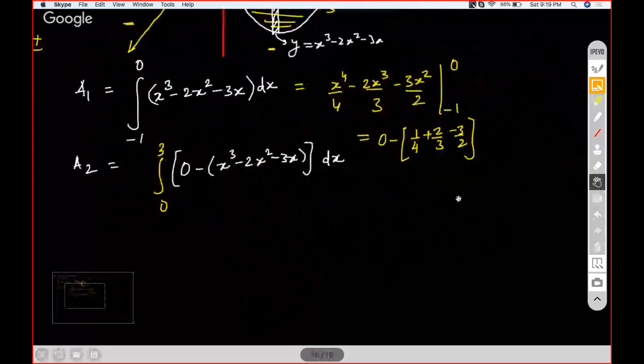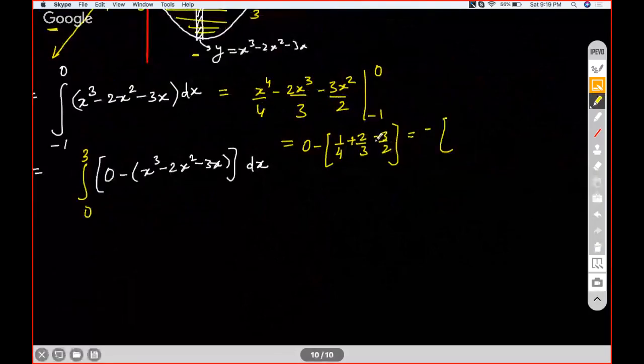That is 3 plus 8, 11 by 12, minus 3 by 2, which is 18 by 12, so minus 7 by 12. It will never be negative for sure, because the way we have taken it, it is always positive height and positive width. So by mistake also a negative answer will not come.